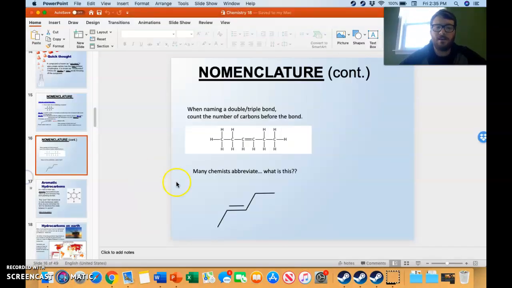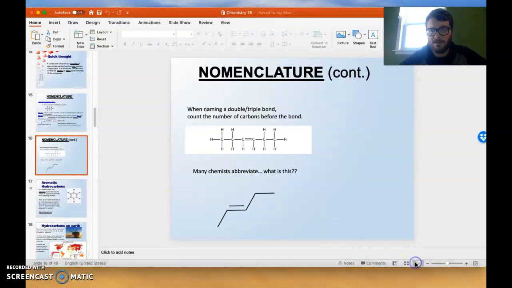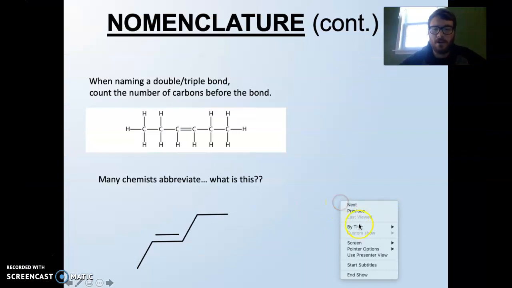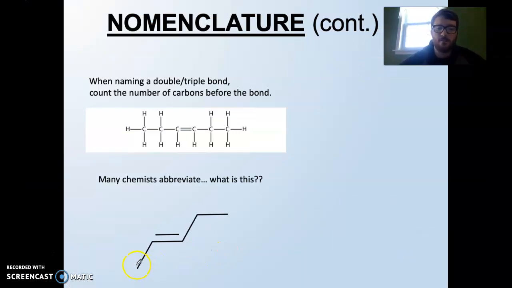A lot of organic chemists are so lazy that they don't even write the carbons in or the hydrogens. So every bend is a carbon. And they don't even write the hydrogens. They assume you are so good at assigning hydrogens that you can just tell how many hydrogens this thing has.